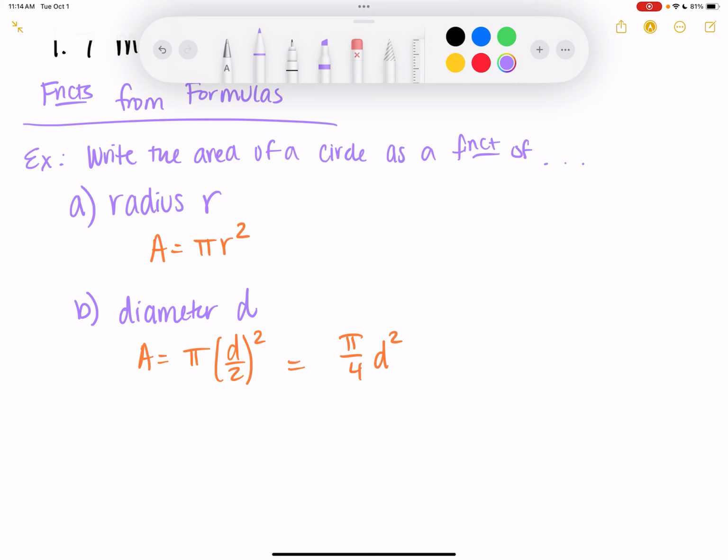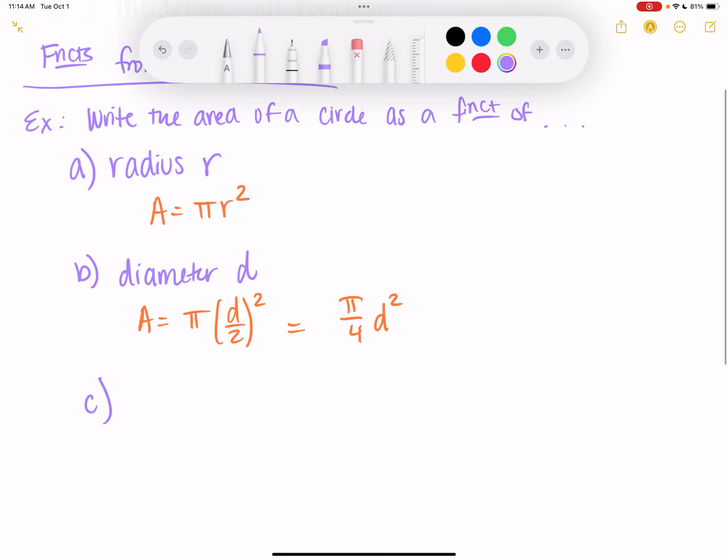Then they want us to do it as a function of circumference C. So, what is the formula for circumference of a circle? Just your basic circumference of a circle.